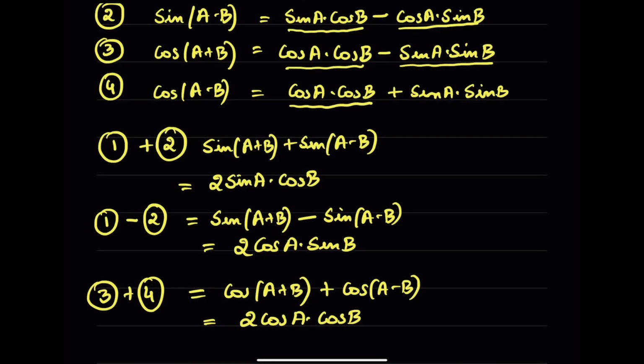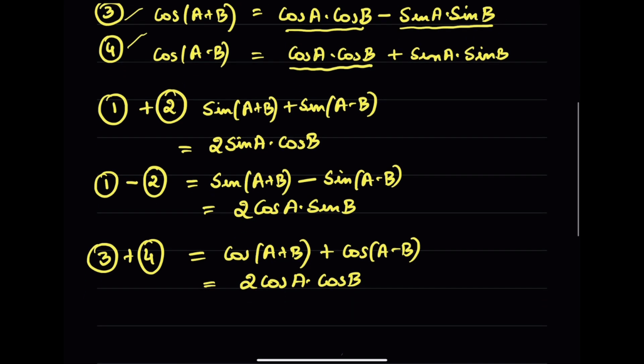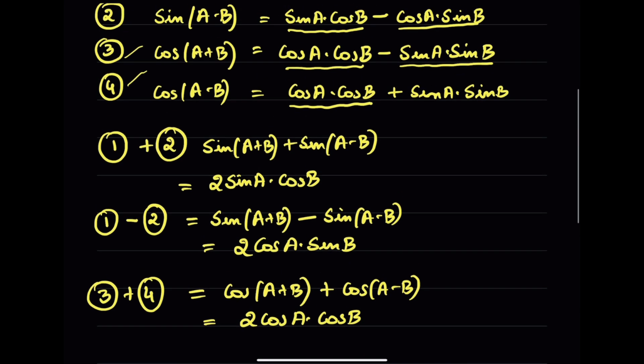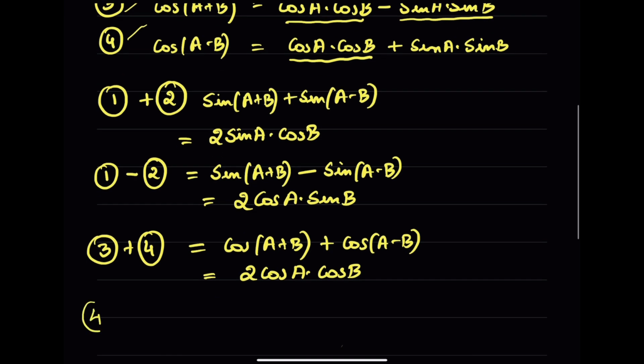Now the last one is finding a difference between number 3 and number 4. So if we subtract 3 minus 4, then we would end up with a negative formula, which is minus 2 times sin a sin b. Instead of that, just for the ease of remembering the formulas, let's subtract 4 minus 3.